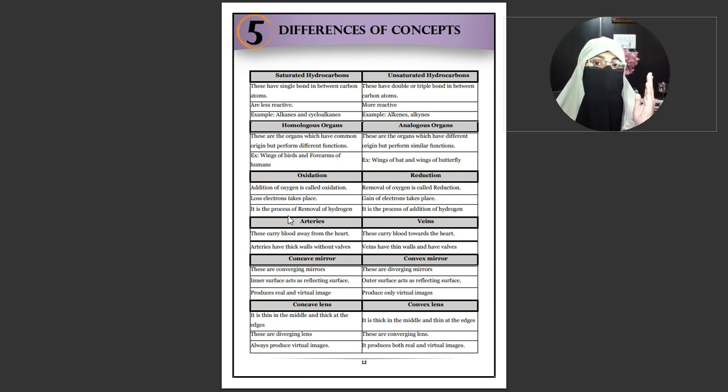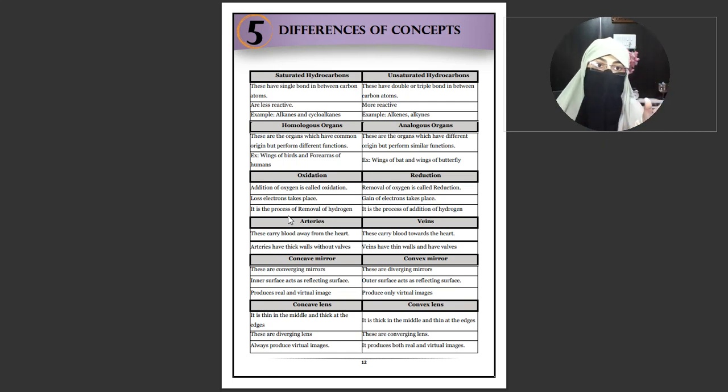So if you want to remember the definition of one thing and the difference concepts, you remember one part, and the other part will be the opposite of it. So analogous is the vice versa of that, that is which have different origin but perform similar functions, such as wings of bat and wings of butterfly. If you look at the wings of bat and wings of a butterfly, these two have a different origin.